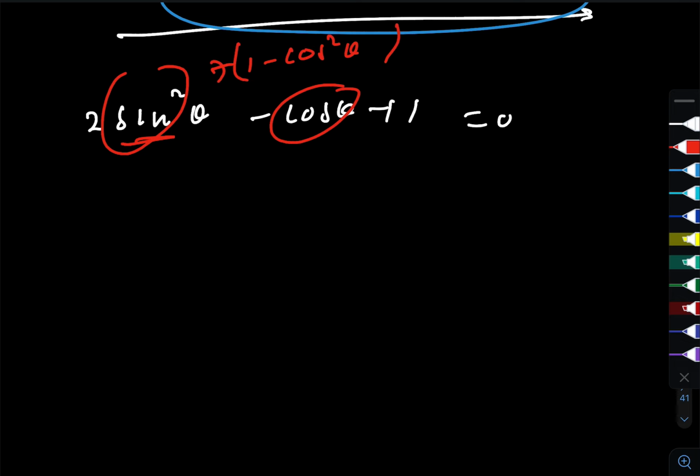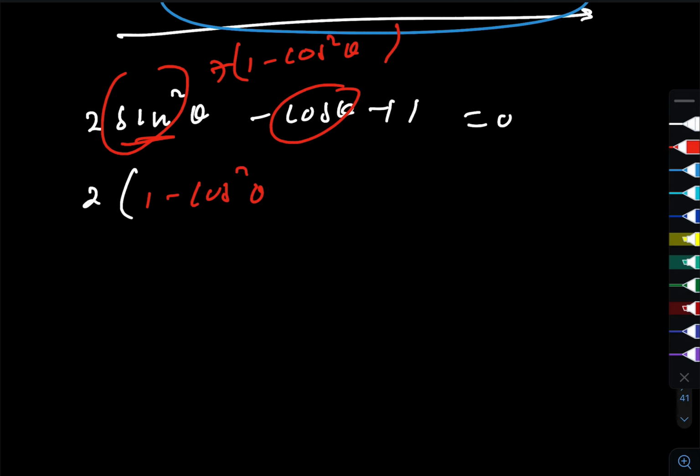If you do that, then your quadratic has cosine, and your linear will be cosine theta plus the constant 1. And therefore you will be able to factorize the trinomial. So this is going to be 2 times 1 minus cosine squared theta.